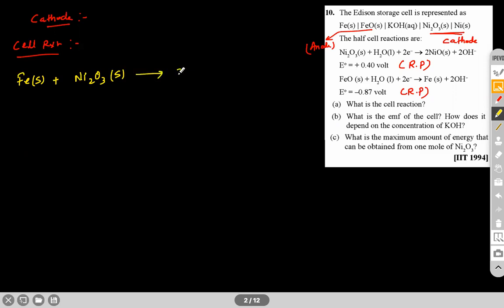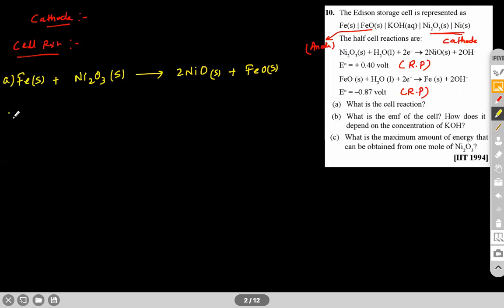Right hand side we have 2 NiO solid plus FeO solid. Okay, this is the cell reaction. So first one we have done, A.